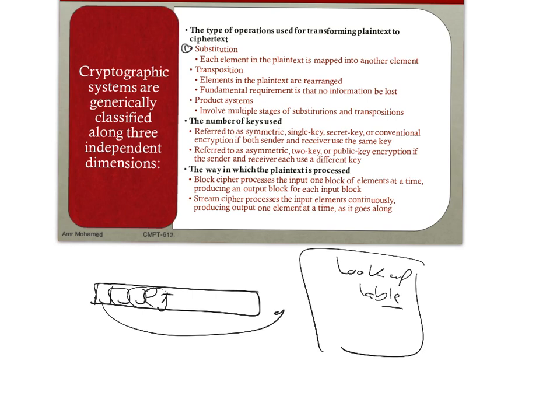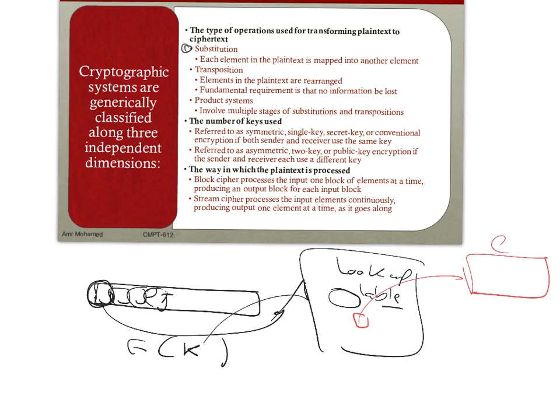From this small piece, we get some value from the lookup table. This lookup table also, in many cases, is public. We take this piece together with the key, perform a certain function, and then, based on the value, we go into the lookup table and get some substituted part, and then we put this substituted part in the ciphertext.